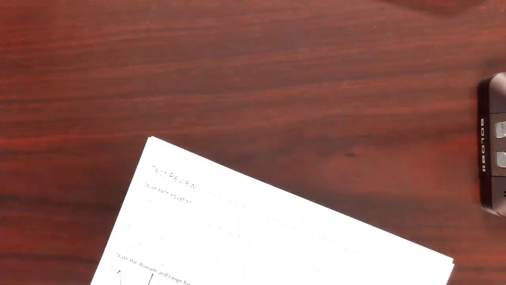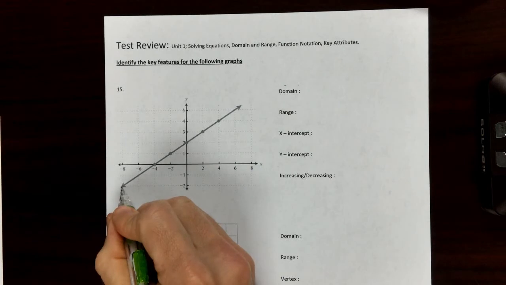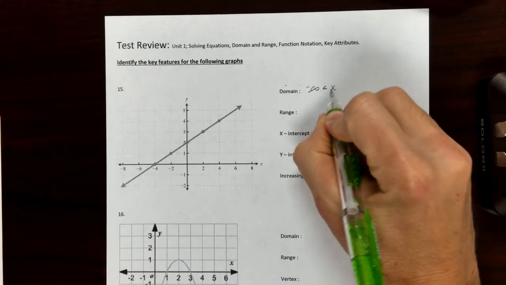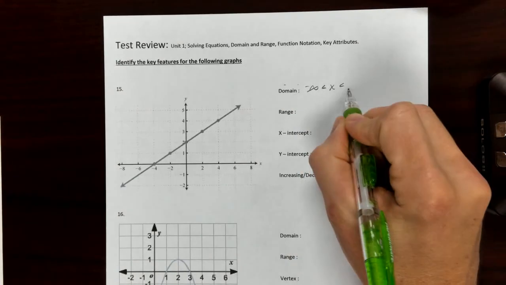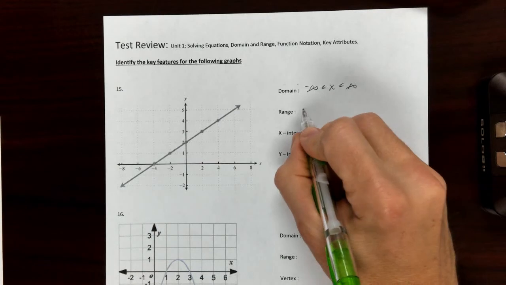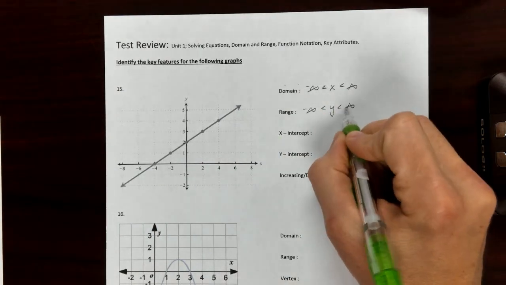Flip your page over. Number 15, we're looking at key attributes. So you have a linear function. The domain, again, you see an arrow there, so the domain goes from -infinity to, see an arrow, so it goes to +infinity. Same thing with the range. You see an arrow, so it keeps going down, so the range goes from -infinity. Arrow goes up, +infinity.